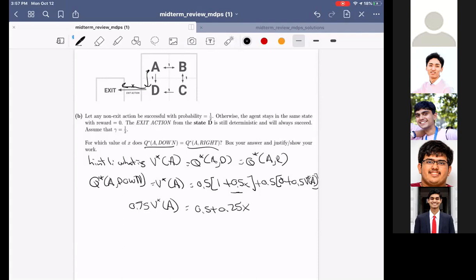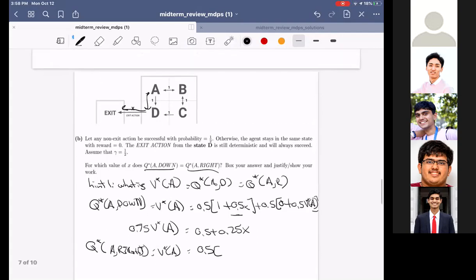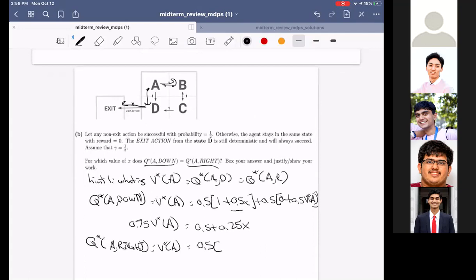And we can do the same thing for the other Q value. So we can say Q star of A comma right is equal to V star of A, but in particular, it's 0.5 times you successfully going right, which gives you a reward of 1, plus the optimal value of B times a discount, because B is where you landed.